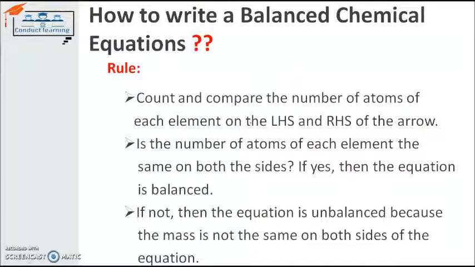Next, after you understand what the reactants and products are in a chemical equation, the main challenge is how to write a balanced chemical equation. The rule for this is, first of all, count and compare the number of atoms of each element on the left-hand side and the right-hand side of the arrow.